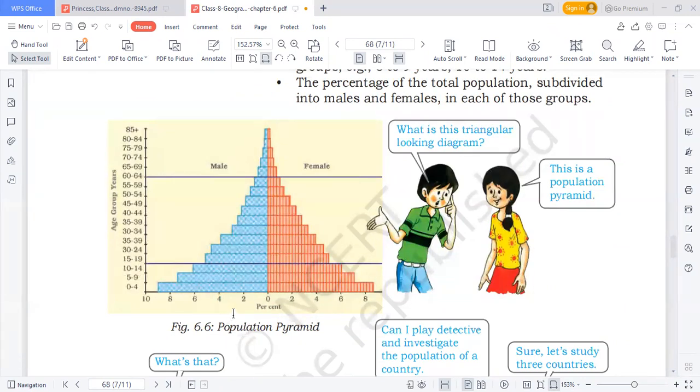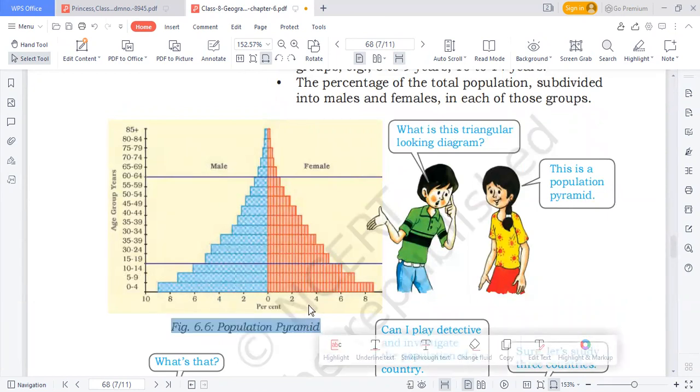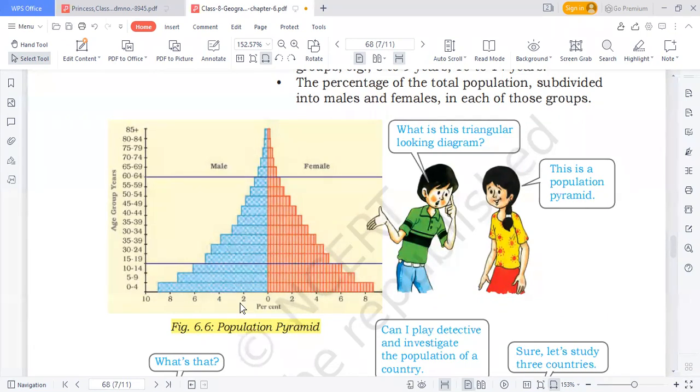On your screen, figure 6.6 shows a population pyramid. When we see figure 6.6 in your textbook, the blue bars are the male population and the red bars are the female population. Here you can see that on the left side, on the y-axis, the age group years are marked.